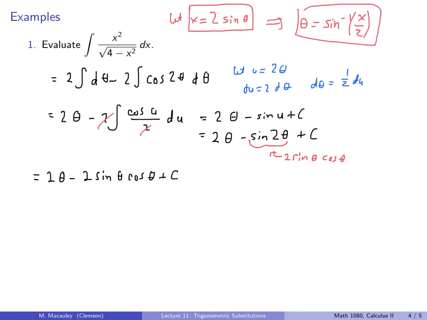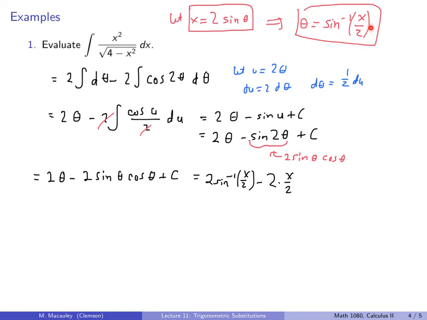Okay, so let me show you something that's not going to work very well. One thing I could do is write this as 2 inverse sine of x over 2 minus 2 times sine of inverse sine of x over 2, and that's going to be x over 2, because inverse sine and sine are inverse functions.